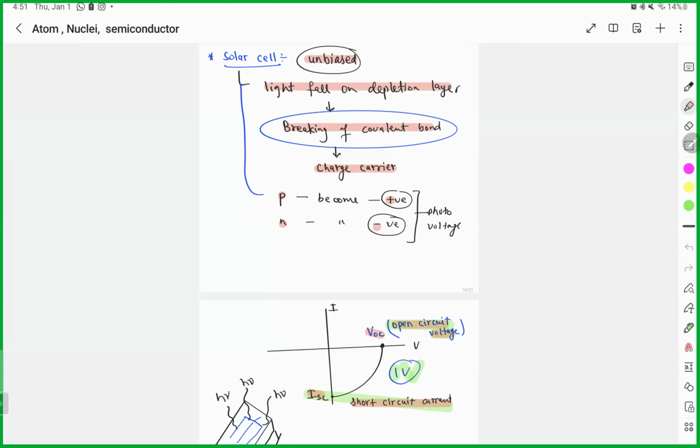But here it is the fourth. Why? Because it is not forward, not reverse. That's why the graph is unique. Unbiased, and this graph, nothing else. Ask your doubt.